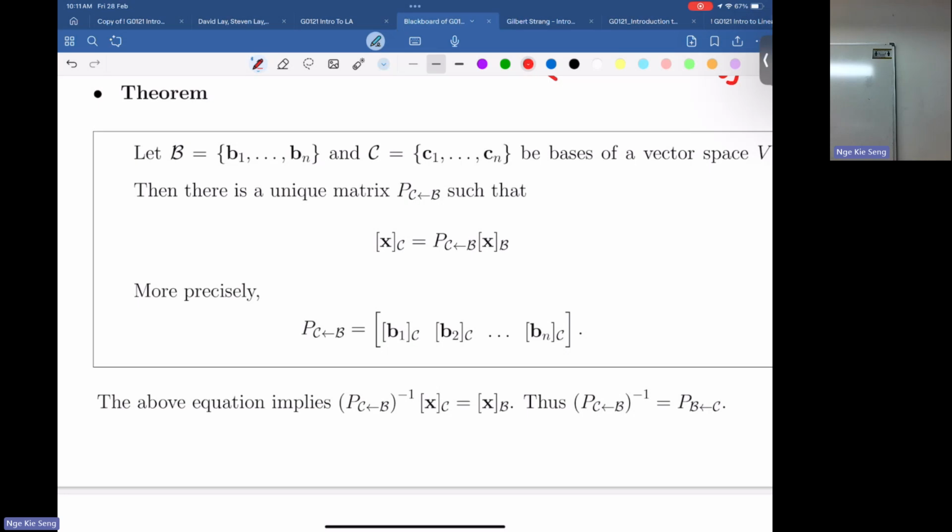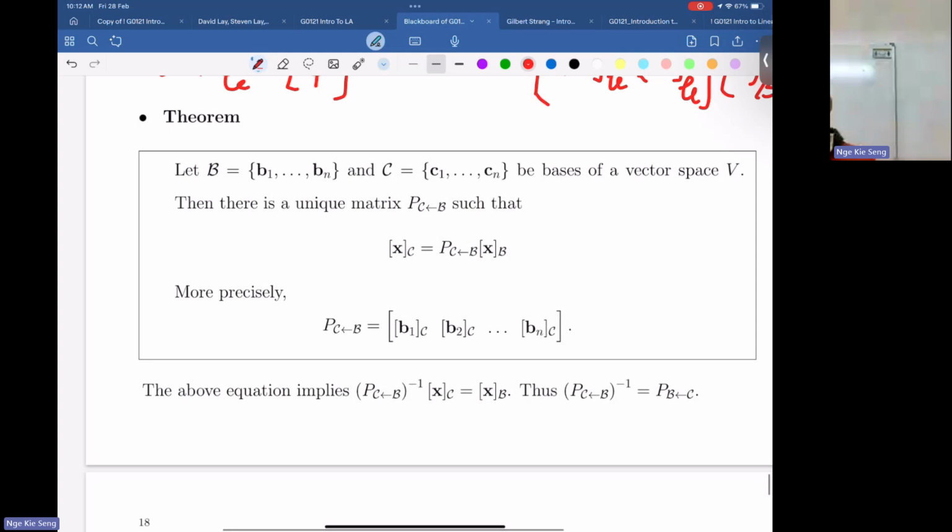Do you still remember last time there's a theorem that says: if the number of basis vectors is n and you change the basis, the number of basis vectors won't change, because the dimension of the vector space is attached to one number. It won't change n.